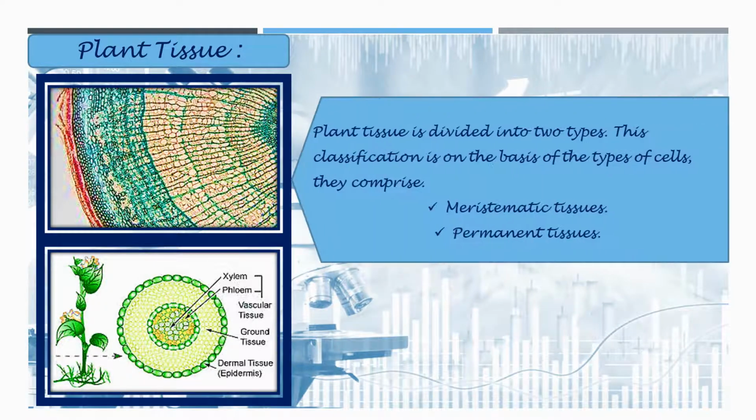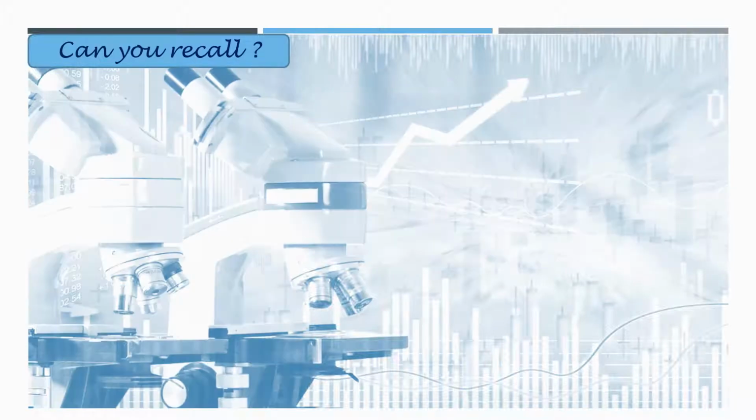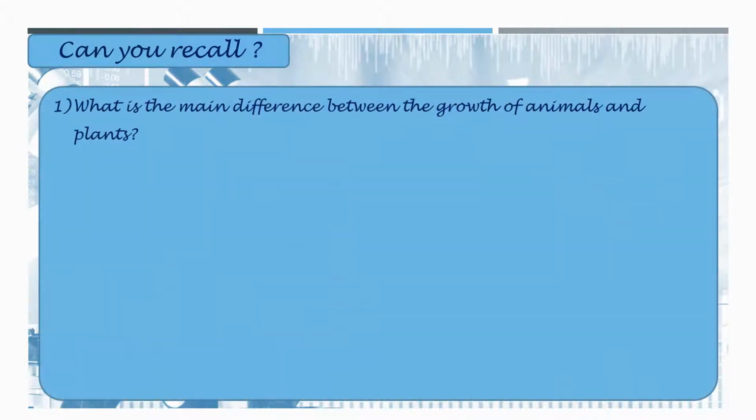And plant tissue is divided into two types. This classification is on the basis of the types of cells they comprise, that is, meristematic tissues and permanent tissues. Now, students, can you recall what is the main difference between the growth of animals and plants?